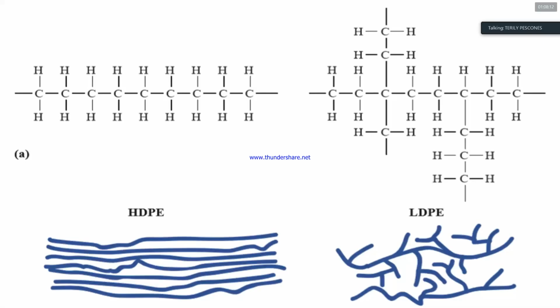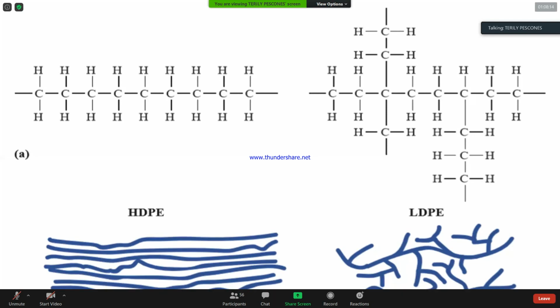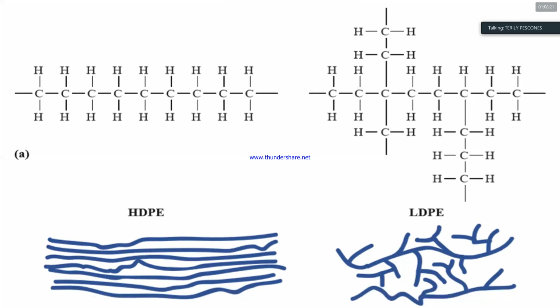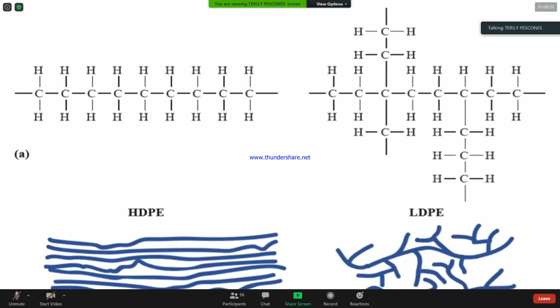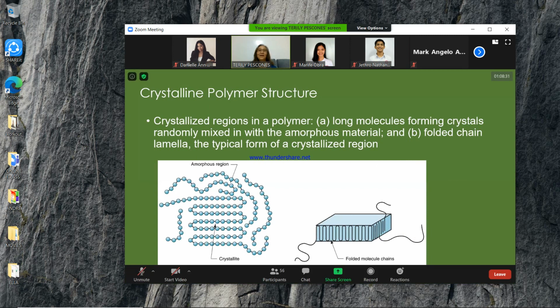Okay, so that is the end of our polymer. So we were able to discuss yung mga different types of polymers based on their sources, based on their structure, at saka kung paano sila na-form, di ba?